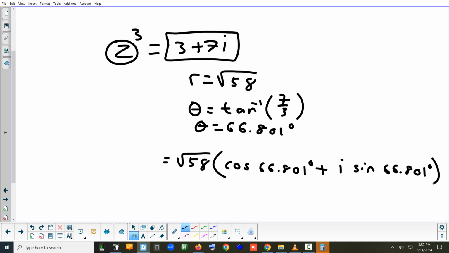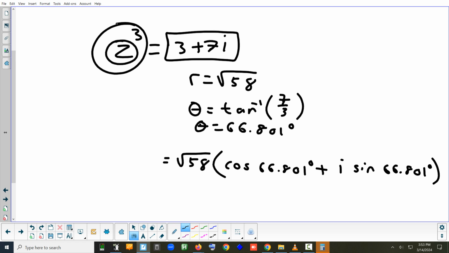Okay. And now on the left side, we're going to use de Moivre's theorem to write z cubed. But remember, z is going to be replaced with r(cosine theta plus i sine theta). So what would r(cosine theta plus i sine theta) to the third power be?